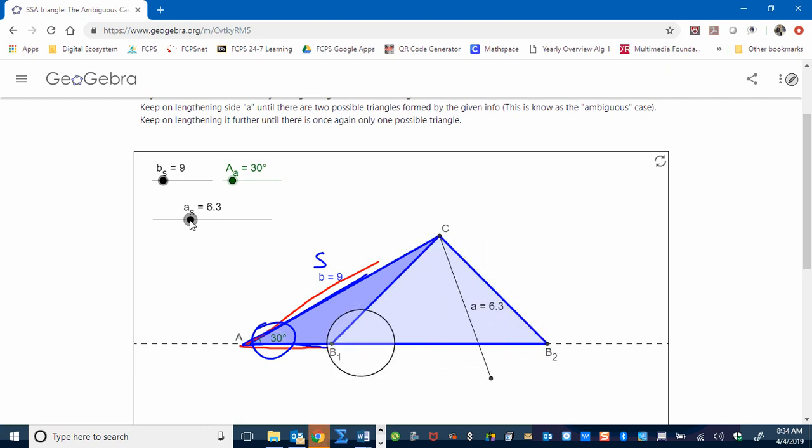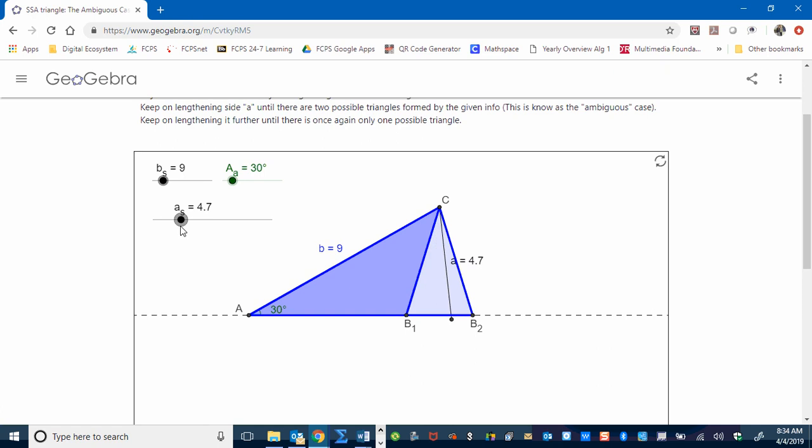I said there were 3 cases, so what do you think case 3 is? We can have no triangles, we can have 2 triangles. Oh yeah, what if that side length is perfect? Perfect is clearly hard to come by.